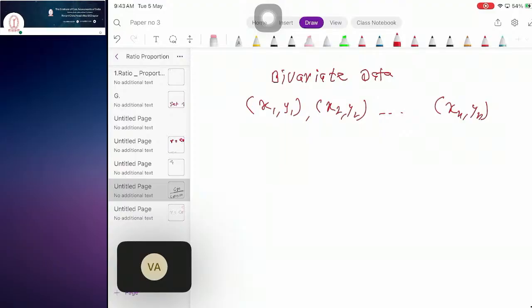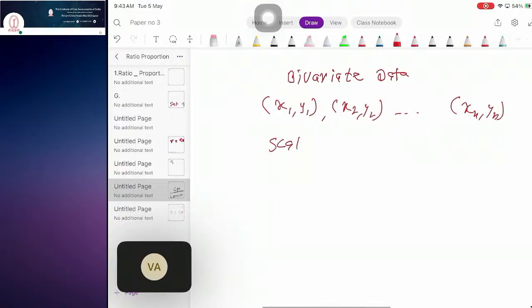And then we have the concept of scatter diagram. I gave the definition in yesterday's session: a scatter diagram is a particular representation on graph paper of the pattern of bivariate data. If one is increasing and another is increasing, it is called positive or positive perfect correlation.